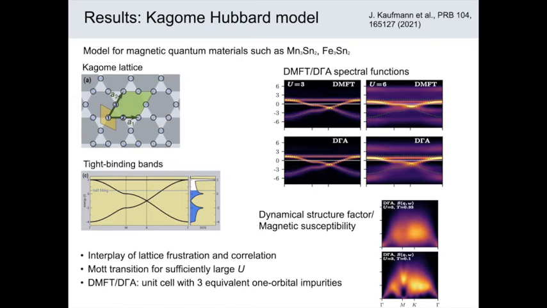So you can see those quasi-particle peaks, bands at the Fermi level, which are renormalized in DMFT and in DΓA. And you can see in DMFT and in DΓA quite a lot of incoherent spectral weight. You can also clearly see the Hubbard bands there.